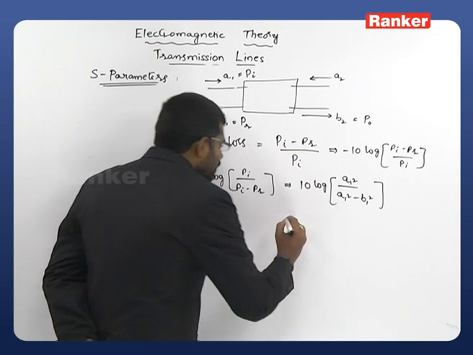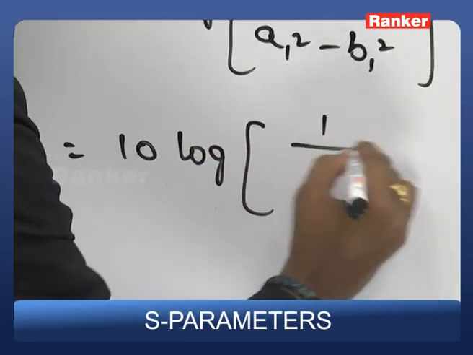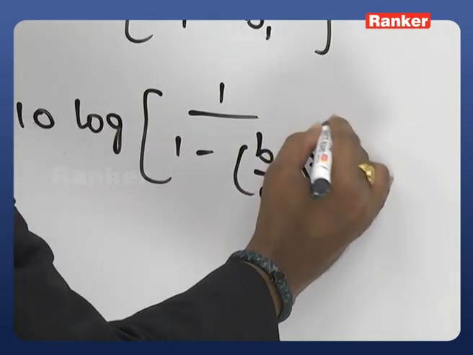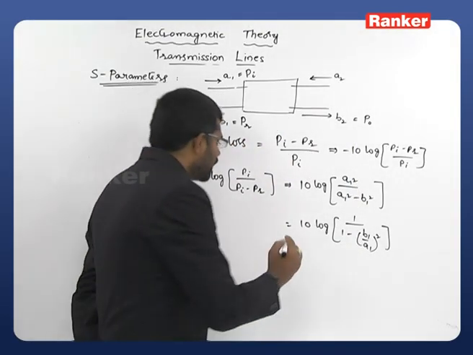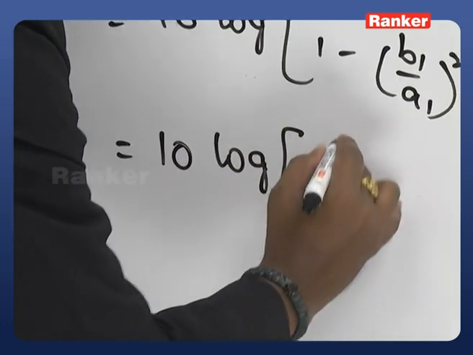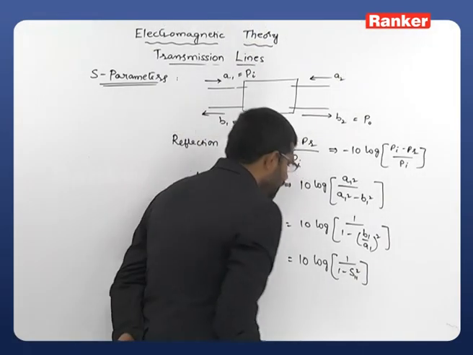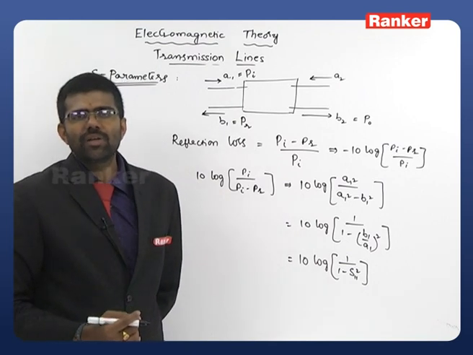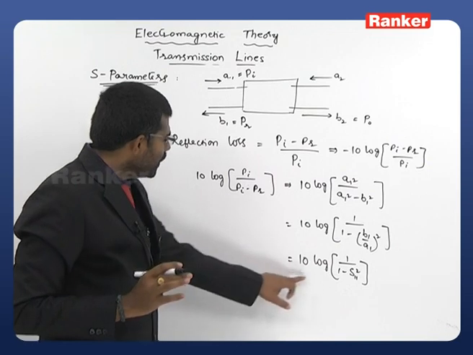Then what you will get here is 1 divided by (1 minus B1 by A1) whole square. This B1 by A1 is nothing but the reflection coefficient at port 1, that is S11. So this is equal to 10 log 1 divided by (1 minus S11 square). Simply this is the reflection loss: how much amount of power will be reflected or lost in the reflection form. So this is the simple reflection loss.